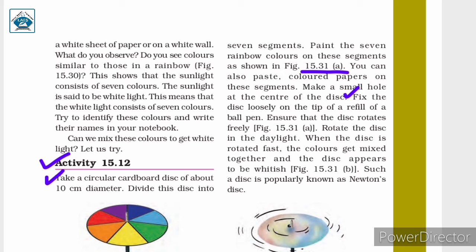Ensure that the disc rotates freely as shown in figure 15.31a. Rotate the disc in the daylight. When the disc is rotated fast, the colors get mixed together and the disc appears to be whitish as shown in figure 15.31b. Such a disc is popularly known as Newton's disc.